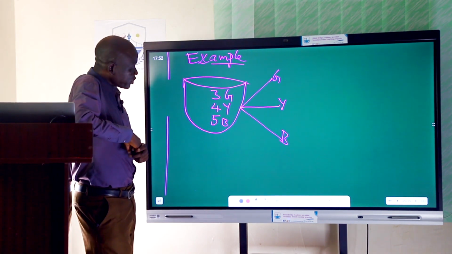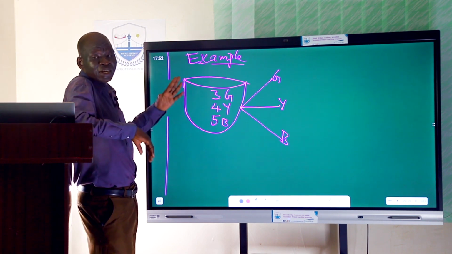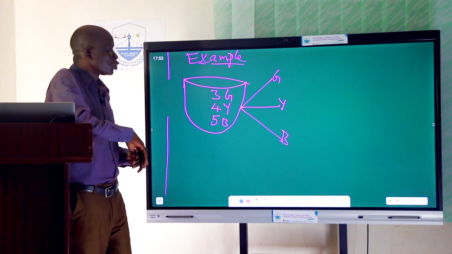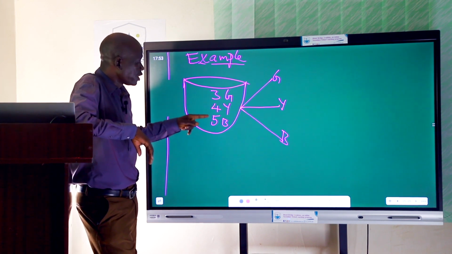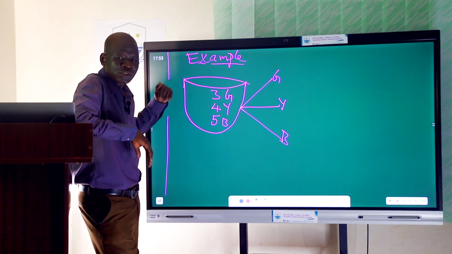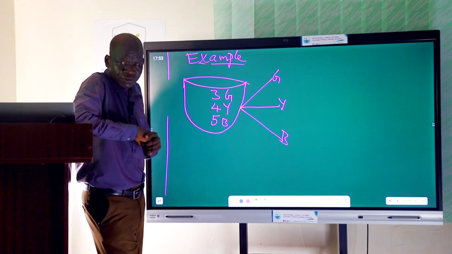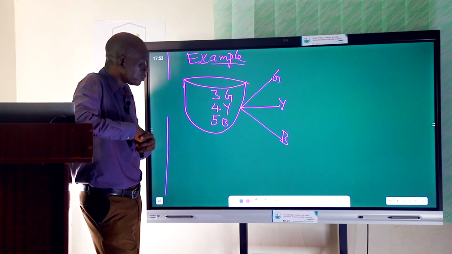Sample space for all these tickets will be obtained by adding all the number of tickets which are there. So in this case, we have 3 plus 4 plus 5. 3 plus 4 is 7, and 7 plus 5, we get 12. It means the sample space is equal to 12.